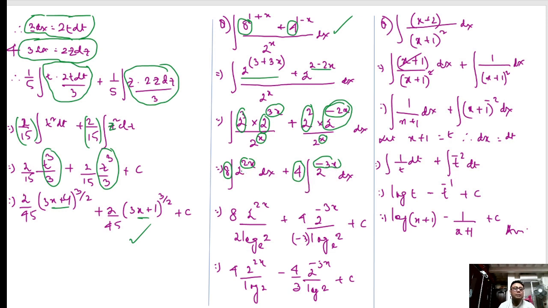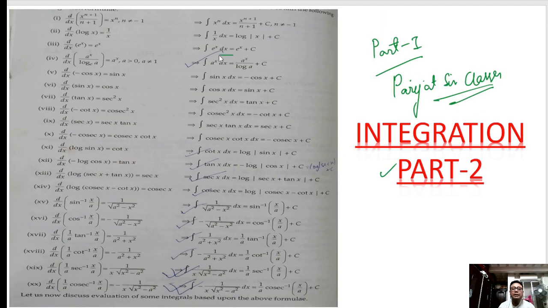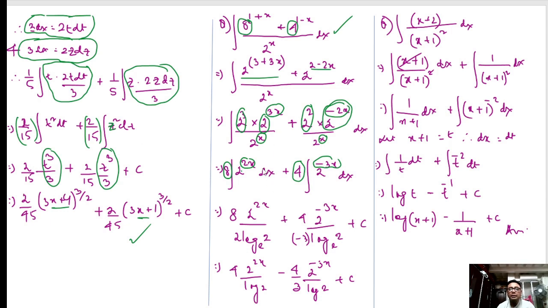So this formula is looking like 2 to the power 2x and 2 to the power minus 3x. It is actually looking like a to the power x. So now using it here, it becomes a to the power x by log a, and because it is minus 3x, minus 3 will come down.